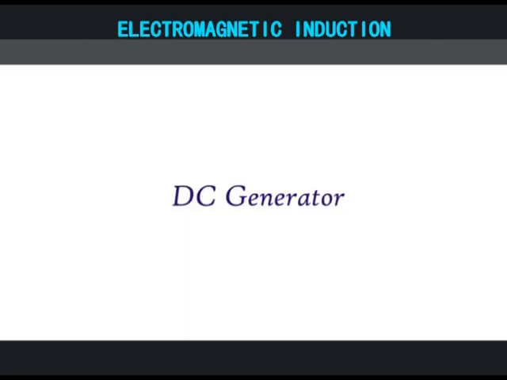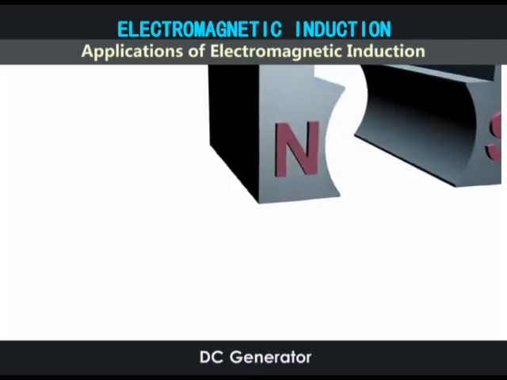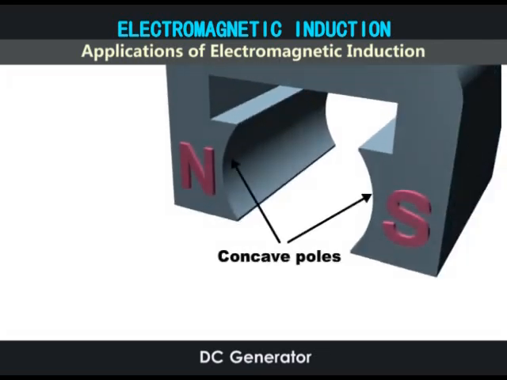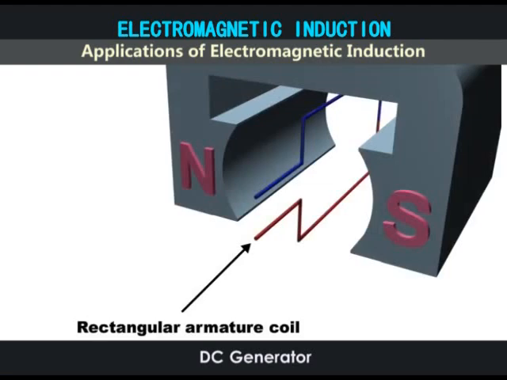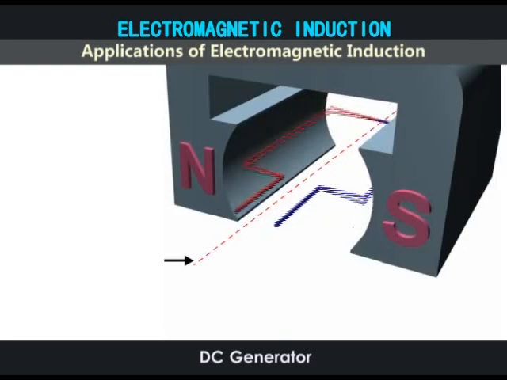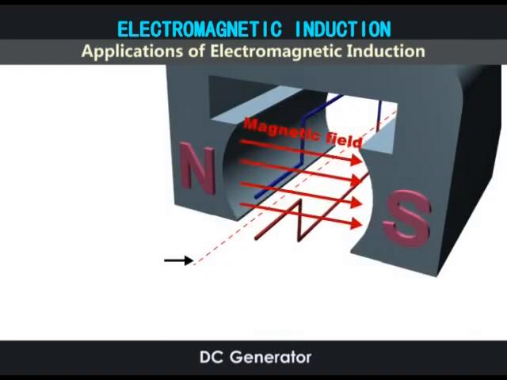The DC generator works on the same principle but differs a little in construction. There is a horseshoe magnet with concave poles and a rectangular armature coil. Rotation of the armature is perpendicular to the direction of the magnetic field.